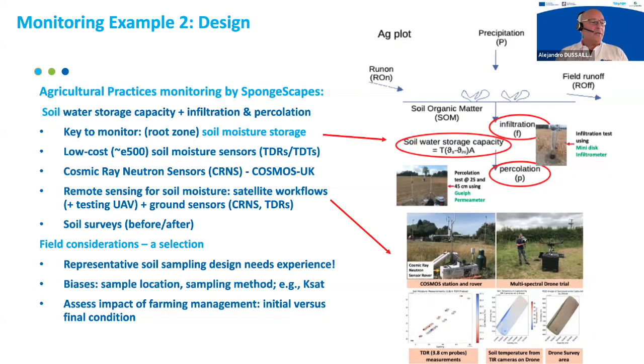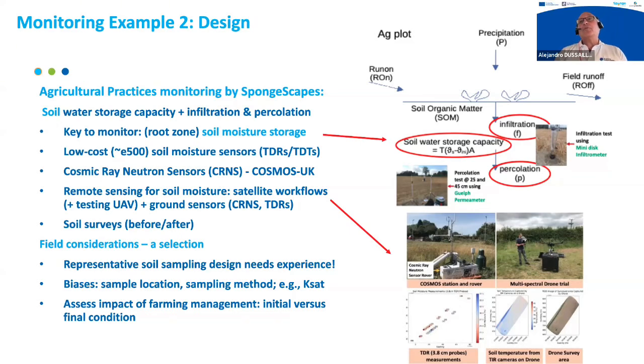Some aspects that we had to deal with: representativeness is a big issue. How do you make sure that the locations you select are representative of the wider field and the conditions? That needs a lot of experience, and luckily we have very good soil hydrologists that we discuss it with within CEH, but also across Europe and worldwide.